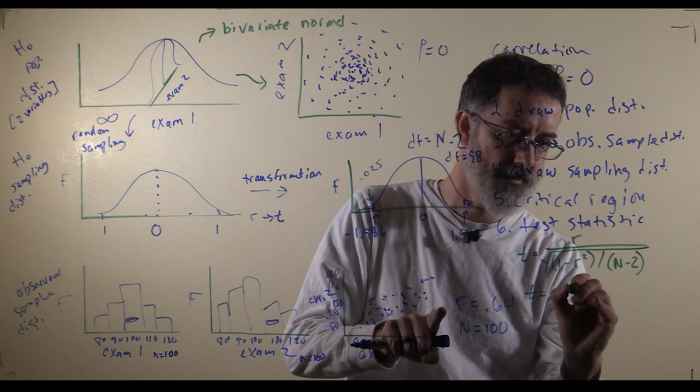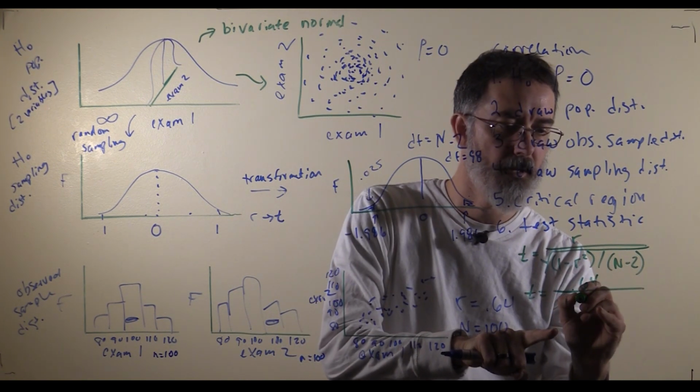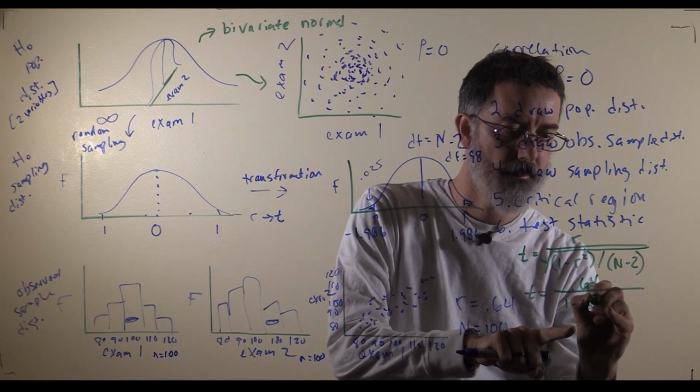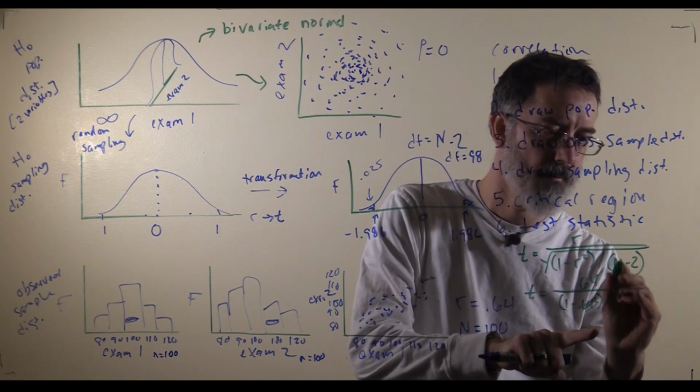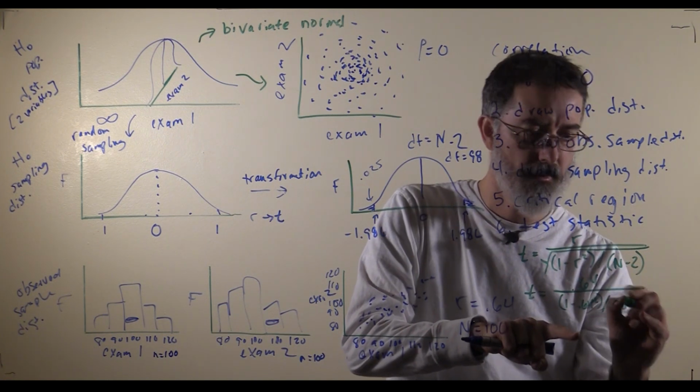So our correlation is 0.64 divided by 1 minus 0.64 squared divided by 100 minus 2, which is 98.